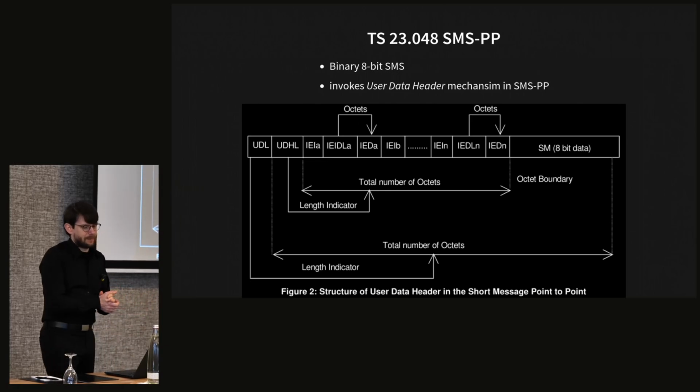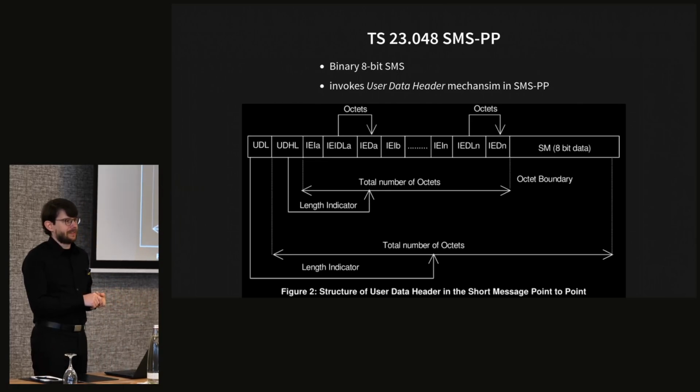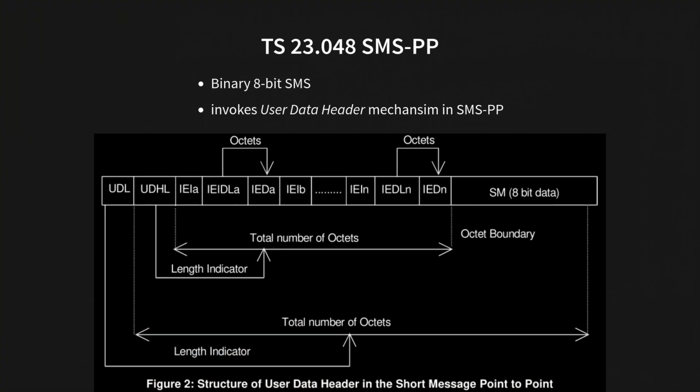Now in SMS-PP, it uses binary SMS, so we use 8-bit binary SMS, which for funny reasons some operators don't support. It uses this user data header mechanism. For those of you who've worked with SMS, I see some smile back there in Vadim's face. You know user data headers.